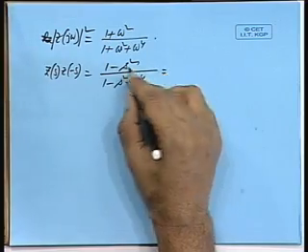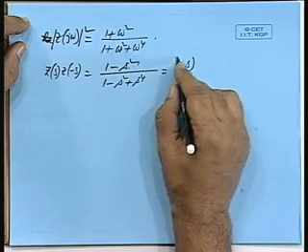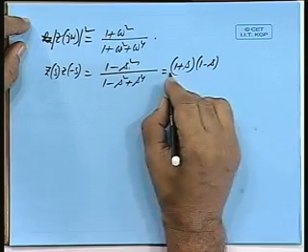Have I done it? Sorry, just now, it was the real part. No, I did the other problem. That was the real part. So this will be (1 plus s) into (1 minus s).